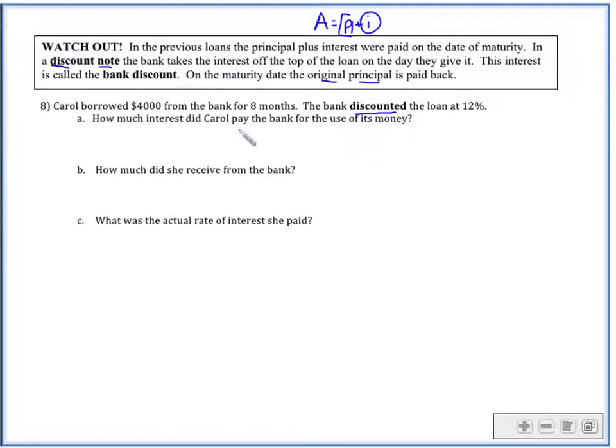How much interest did Carol pay the bank for the use of its money? Well, we still use the I equals PRT formula. So I equals, in this case, the principal is 4,000 times the rate of 0.12 and times the time of 8 months. So that's 8 over 12.